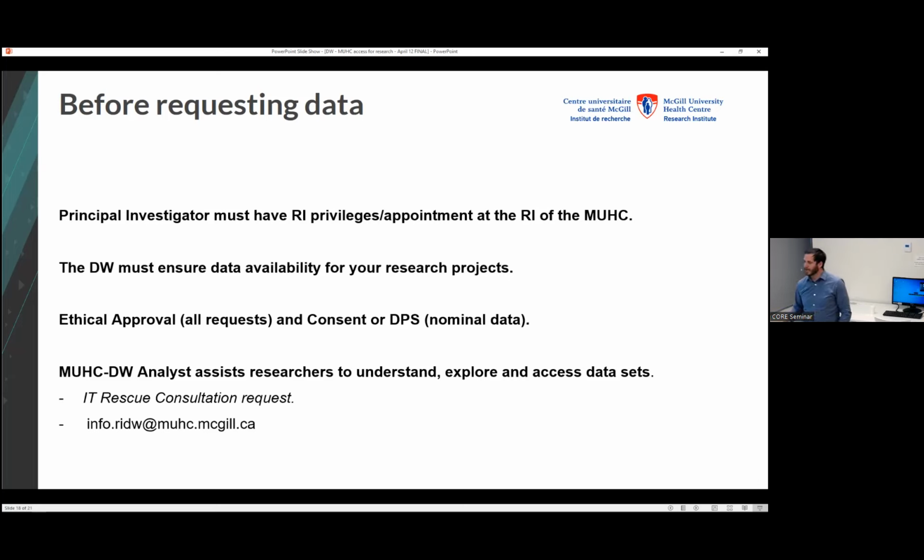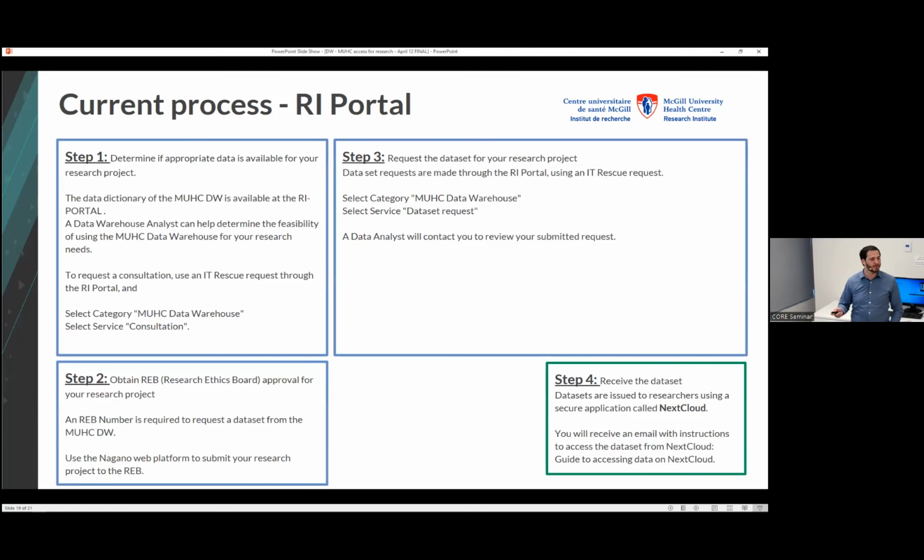The data warehouse analysts assist researchers to understand, explore, and access the data. Basically, we can do a request using an IT rescue consultation request, or write an email if you have any question about the specific data, and we can answer that. And this is the current process to access the data.